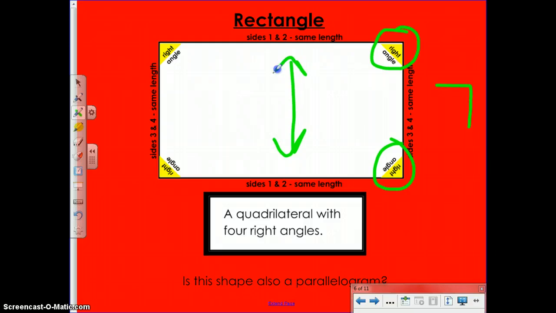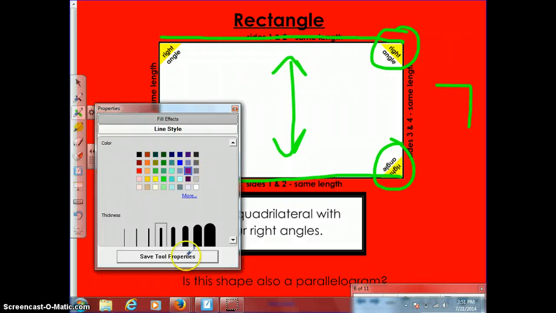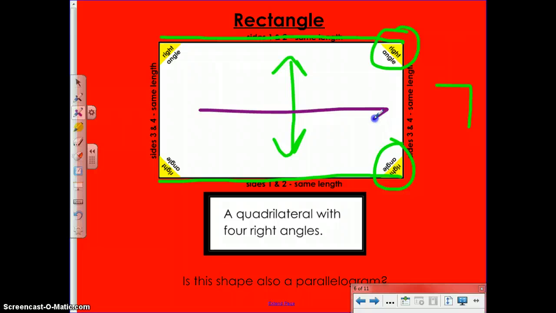Okay, so these two green sides that are opposite would be the same measurement. The purple sides are the same measurement as well. But the purple sides and the green sides, right here, they are not the same measurement.